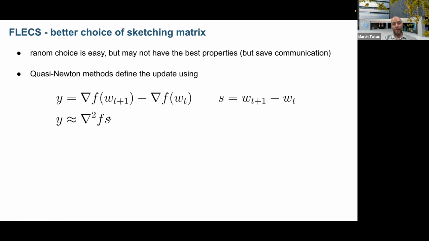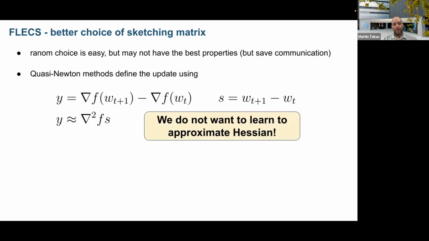Think about what we are doing now. We are choosing S randomly, and then defining Y to be Hessian times S, right? Which is actually what LBFGS or SR1 is trying to do by defining Y and S in such a way. But again, I don't care about learning the Hessian approximation because I already have a good estimate of the Hessian on the server, right?